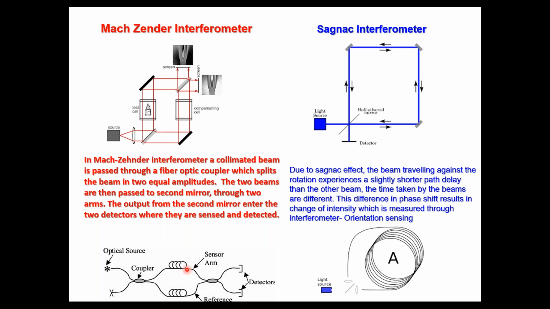Whatever phase difference happens, the beams will be combined and monitored through these two detectors. Two intensities I1 and I2, or the voltages, can give an idea of the kind of phase change that is going on in one of the arms.